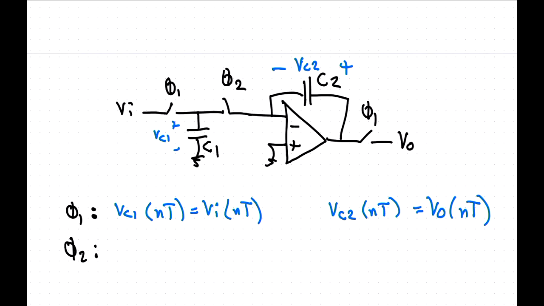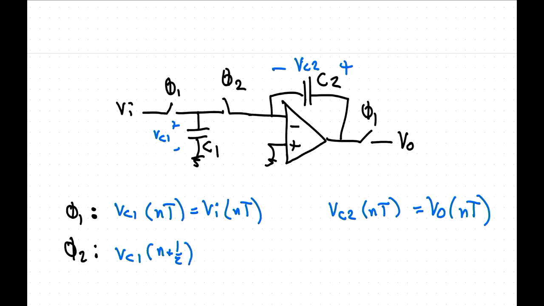In order to discharge it to 0, we've got to have a current flowing from the bottom up, this way, and the charge current flows up this way, and can only flow into the capacitor in that direction. So if you look at the end of clock phase 2, VC1 at the end of clock phase 2, n plus a half.